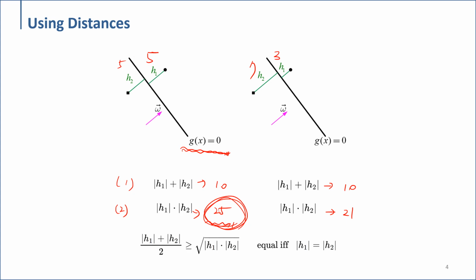And beyond this idea, there is a relation for this, and I guess you guys are already familiar with this formula, and we know that from this equation, the equality can be satisfied only if H1 is equal to H2, which is the ideal case that we want to find for the decision boundary.